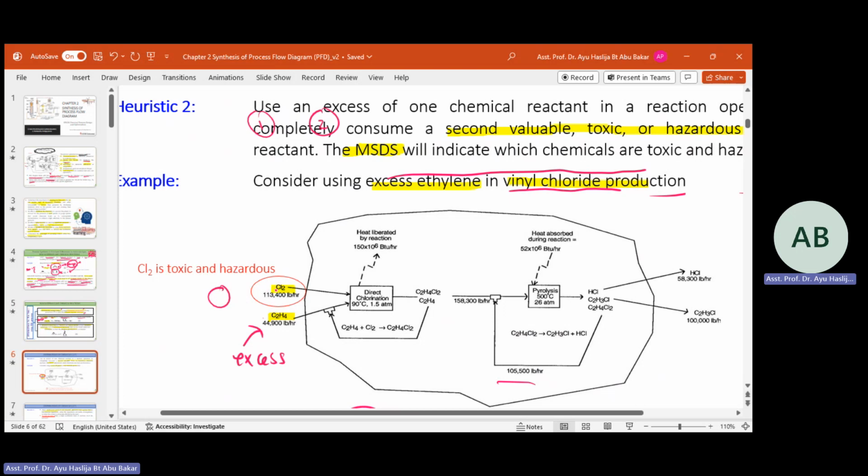Because we don't want the chlorine gas to be released as waste or byproduct, because Cl2 is toxic and hazardous. Okay? Get the point?